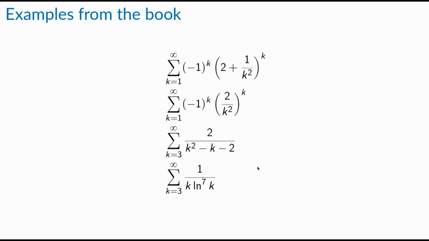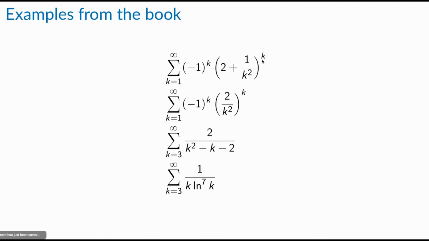Okay, so here are some example problems from the book. This first one has (-1)^k times (2 + 1/k^2) to the power k. Okay, so we see this power k up here. We're tempted to do something like the ratio test or the root test.